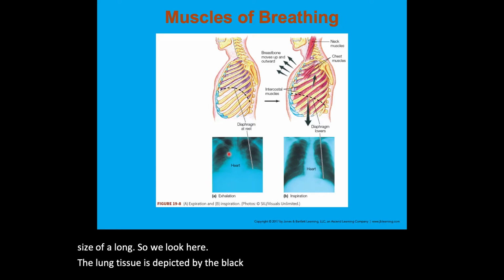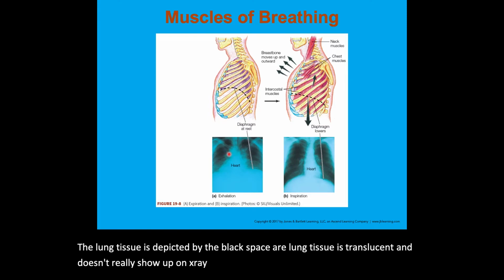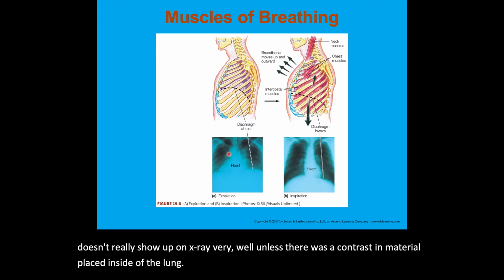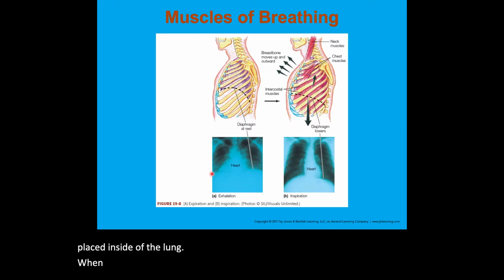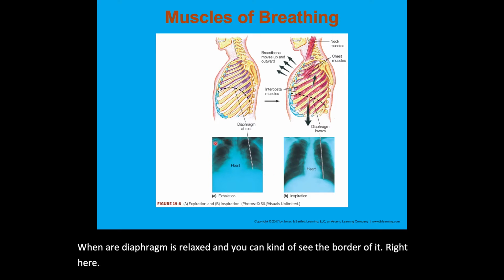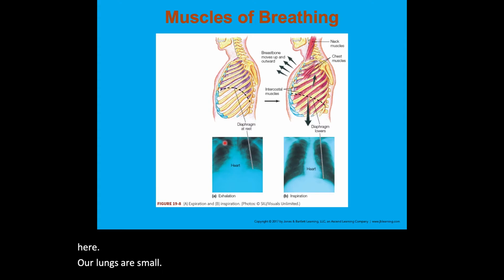Our lung tissue is translucent and doesn't really show up on x-ray very well unless there was a contrasting material placed inside of the lung. When our diaphragm is relaxed, and you can kind of see the border of it right here, our lungs are small. And we'll talk about why the difference in size of the lungs is important.